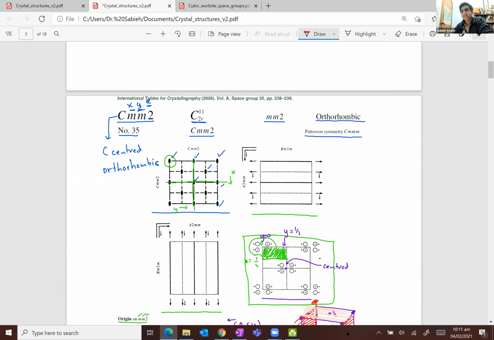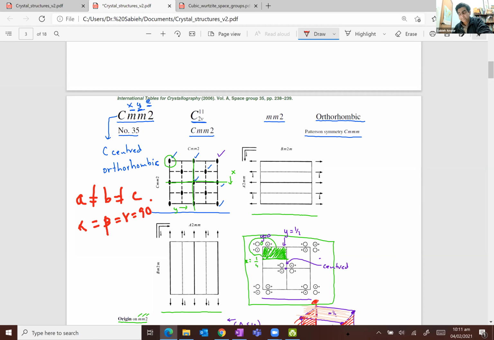The property of orthorhombic is that a need not be equal to b, need not be equal to c, even though all three angles are each equal to 90 degrees. So now a, b, and c are all distinct. Therefore, we need to decide what's going on perpendicular to a, perpendicular to b, and perpendicular to c. That's why we need three symbols after, of course, the mention of the centering.